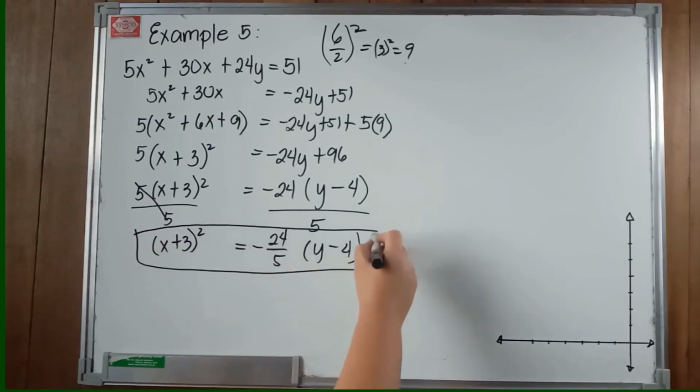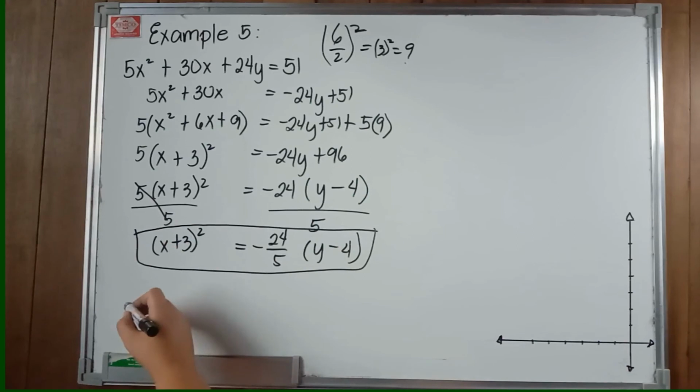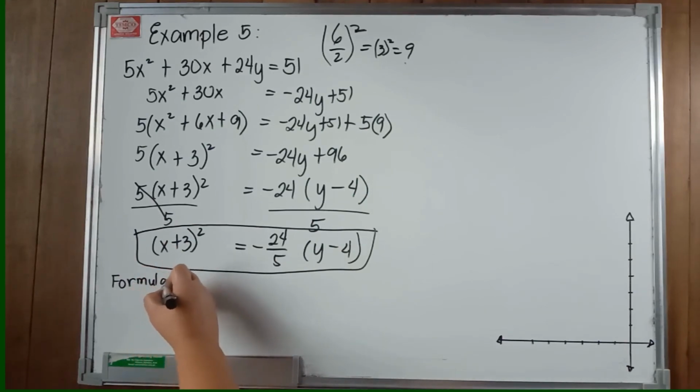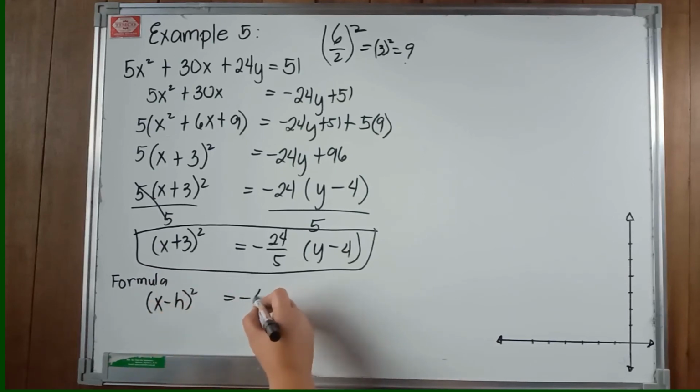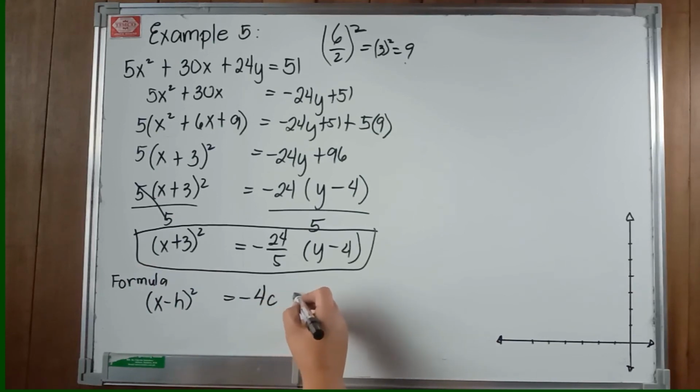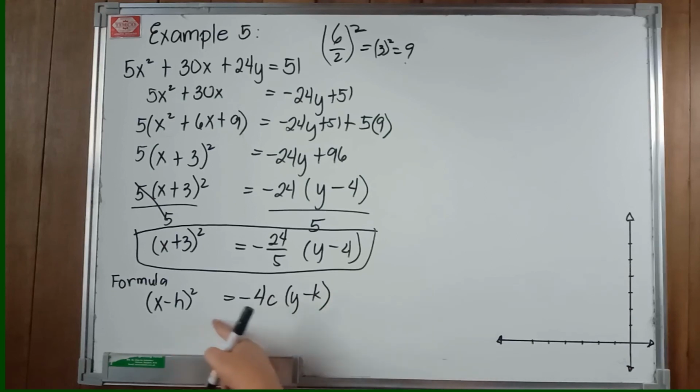Because this equation follows the pattern of the formula x minus h squared equals negative 4c times the quantity y minus k. Meaning, our parabola opens downward.